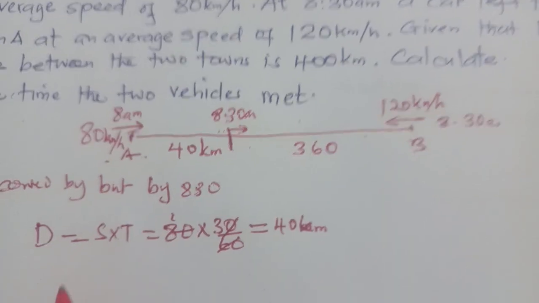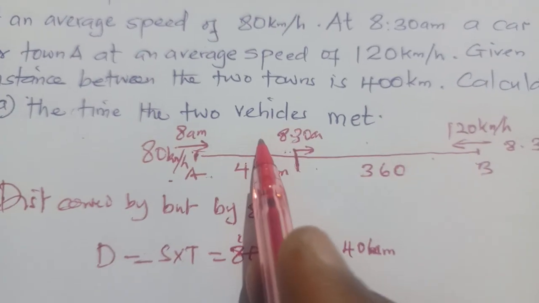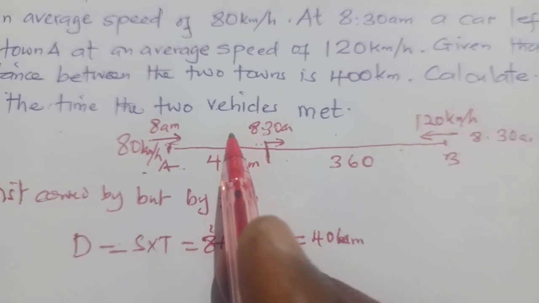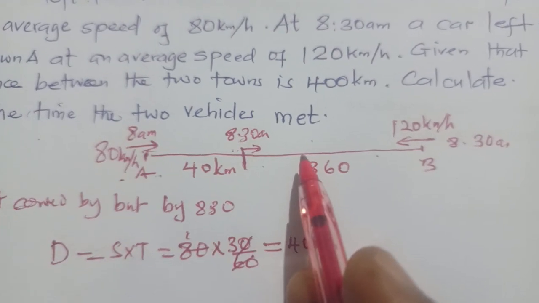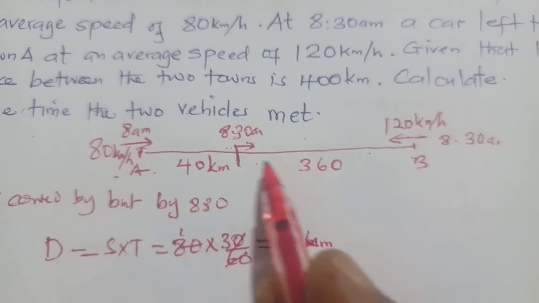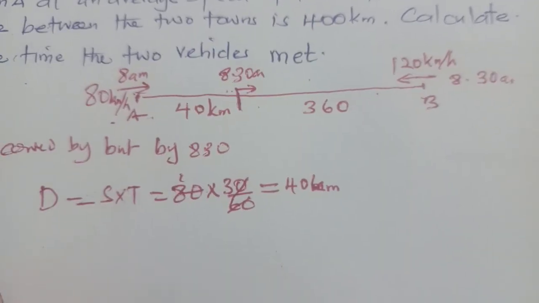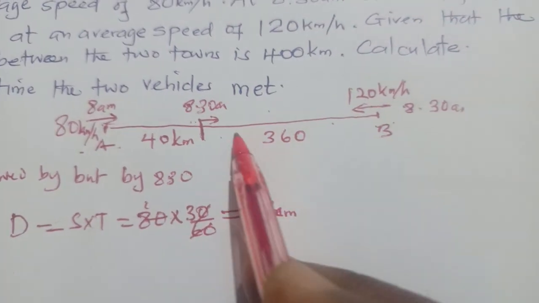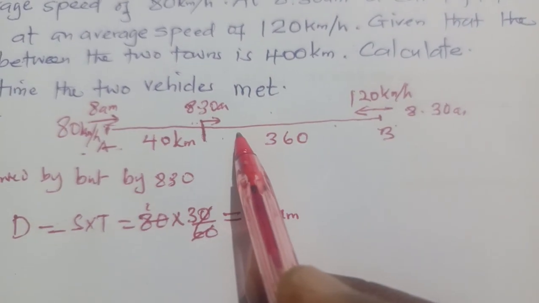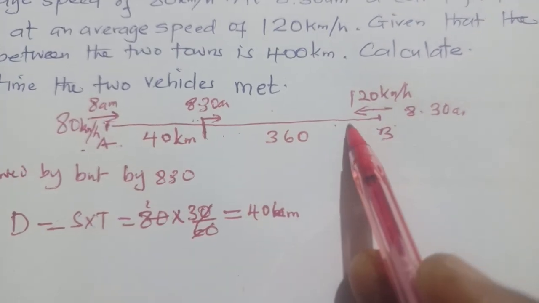Now here, the question is asking us to find the time when the two vehicles met. So before we get that time, we need to get the time taken before they met. Now we have the distance to be covered by both vehicles when they are both in motion, which is 360.